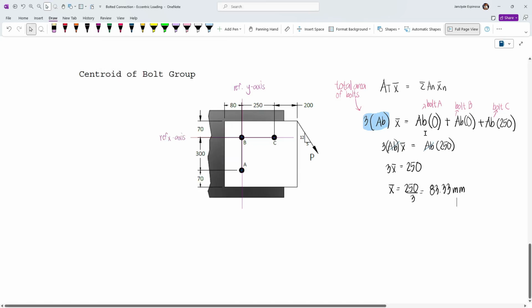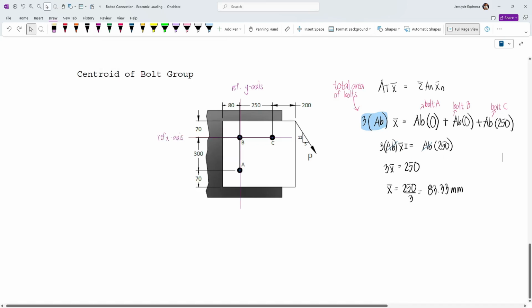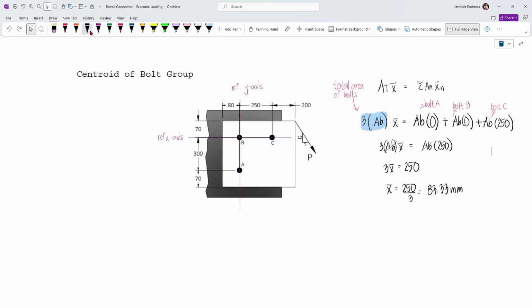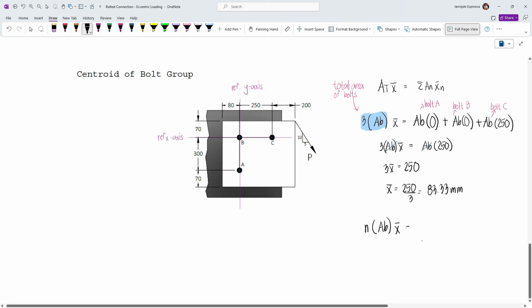Now the question is, when will this matter? Solving barred x using Varignon's theorem will matter if the area of each bolt will be different. However, if the bolt areas are the same, then we can actually derive a formula from Varignon's theorem. So we have here, let's label this as the number of bolts. So we have N times the area of each bolt, that's going to be the total area, multiplied by barred x, and then we have AB multiplied by the summation of barred xn.